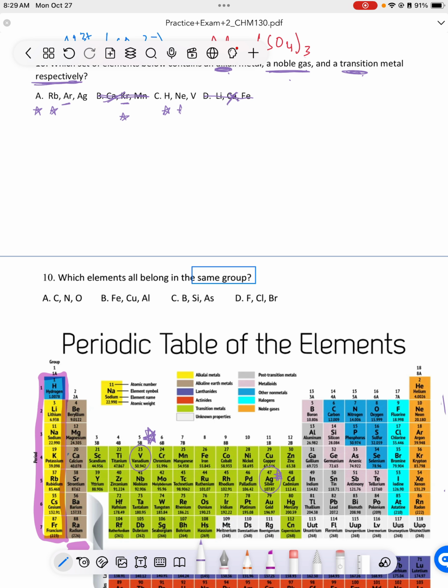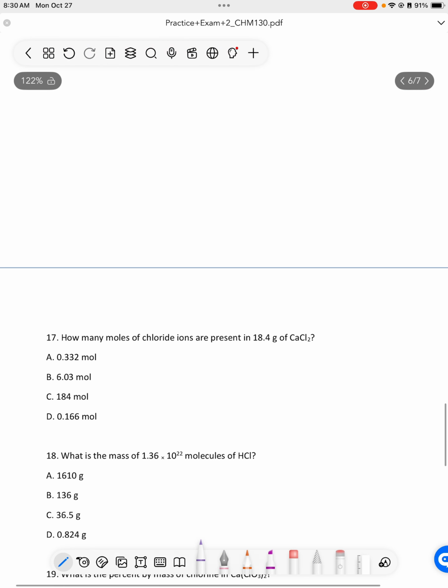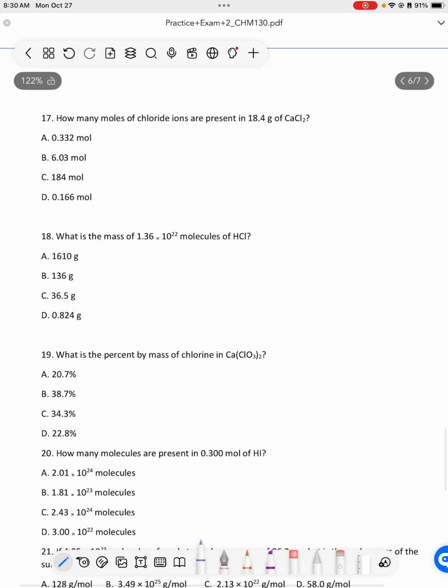Silver does have a set charge. And that's something I know just from practice, but it might be something you might not have had memorized. But this is a good way to do process of elimination. We know that vanadium is for sure a transition metal. So our answer is C. Okay. We'll do this one on a next video.